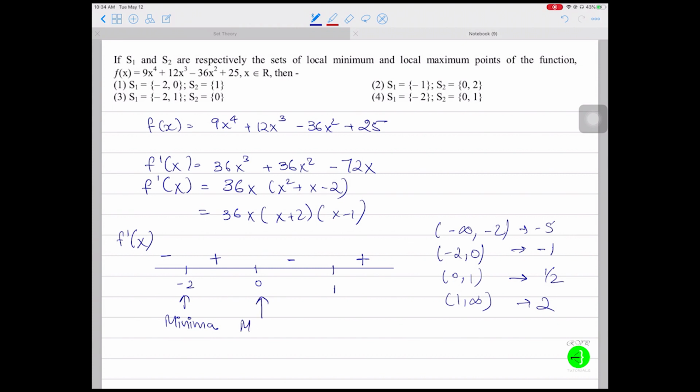When it changes from positive to negative, this would be a maxima, and similarly, this would also be a minima. We are given that S1 is the set of the local minima, so S1 has negative 2, 1, and S2 is the set of maxima, so S2 contains 0. So our answer is option 3.